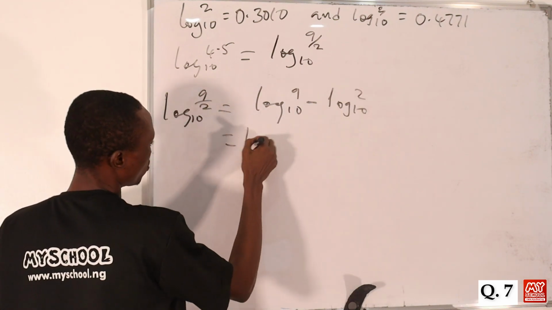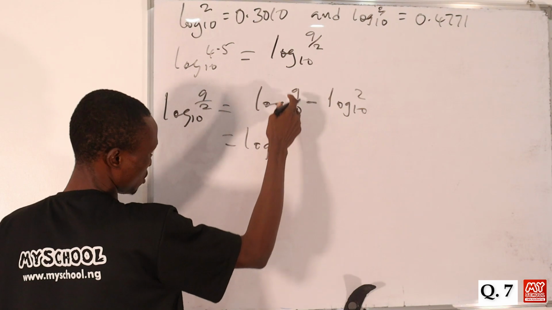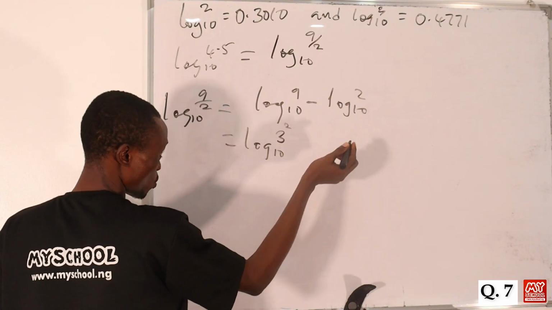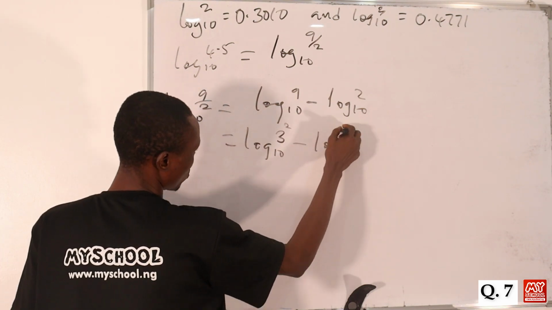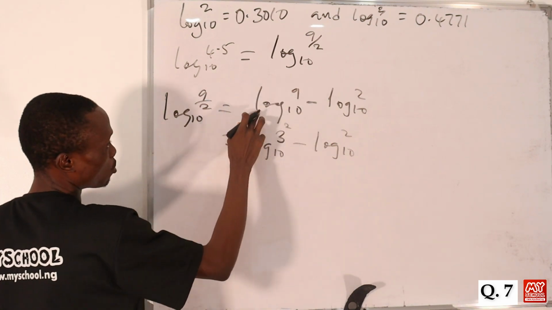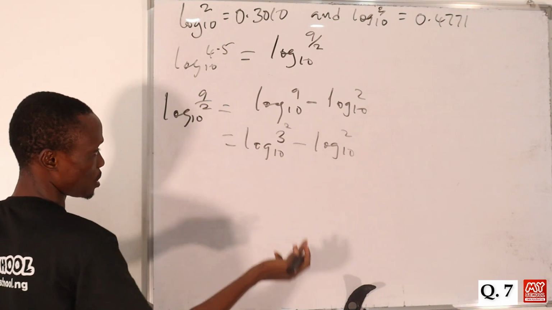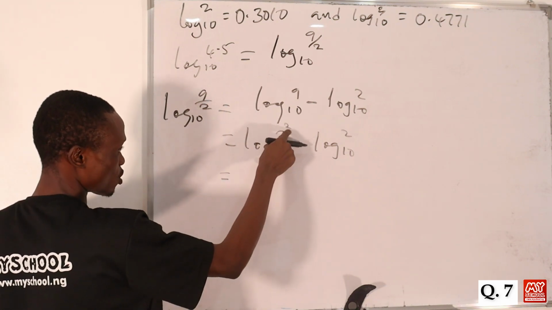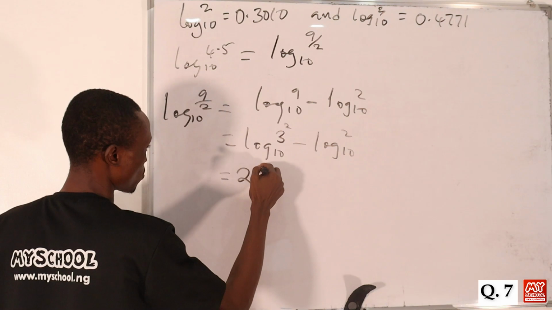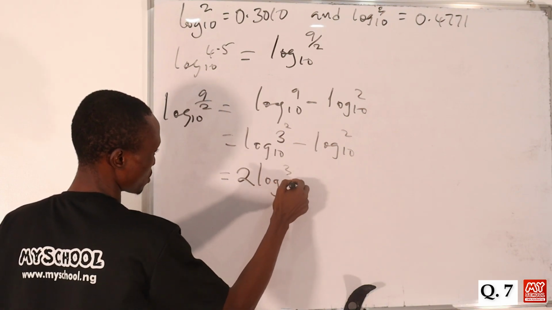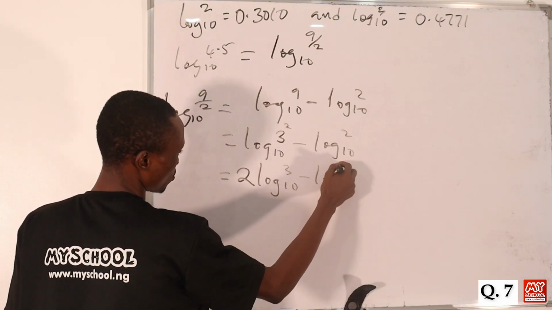Log 9 base 10 is the same thing as log 3 raised to power 2 base 10. So according to the law of indices, the power 2 will move to the front. So you'll be having 2 times log 3 base 10 minus log 2 base 10.